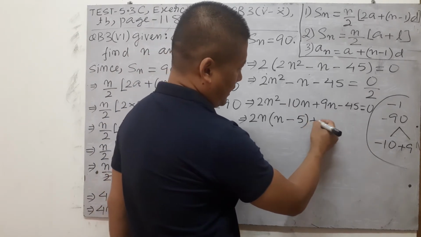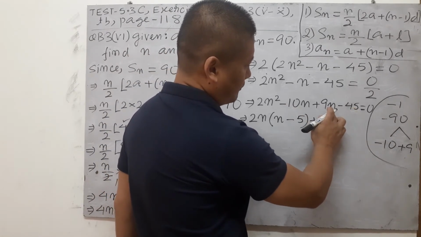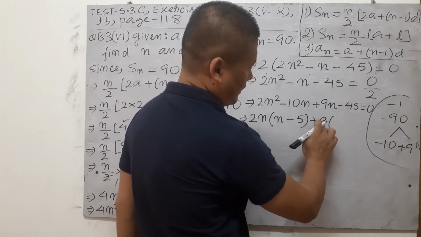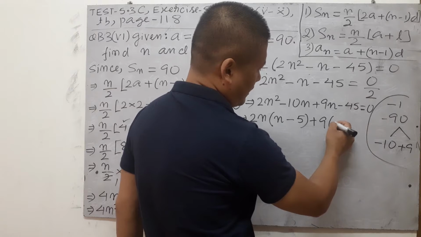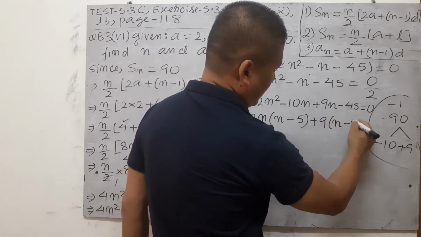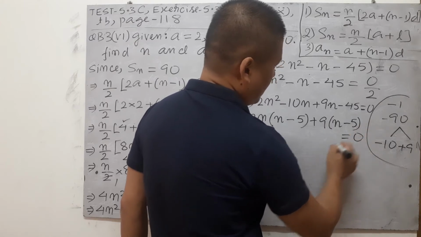Plus, 9 is the highest common factor of 9n and 45. So let us take the 9 out, and n can't be taken out because there is no n here. 9 out, so n inside, plus and minus, minus 9 fives are 45, is equal to 0.